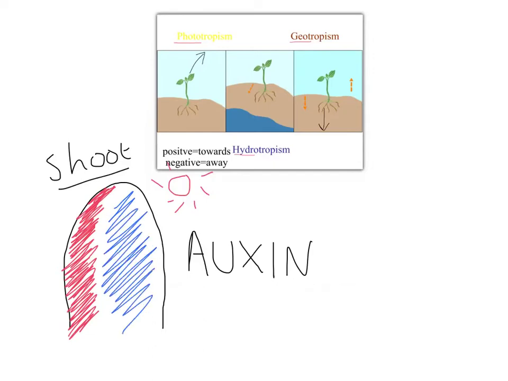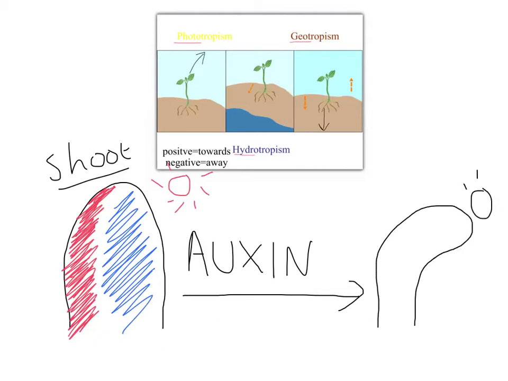If you imagine over time growth just on the left hand side, the side in shade with that hormone, you'd get a bending towards the sun, towards the right, because only this side is growing.